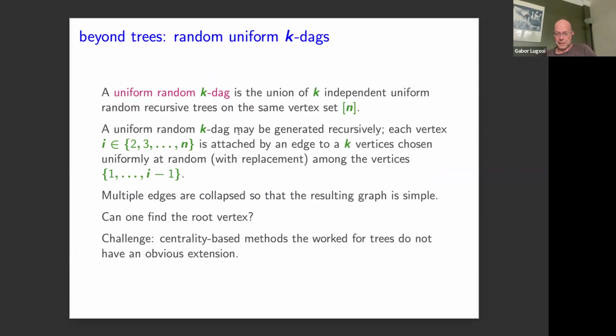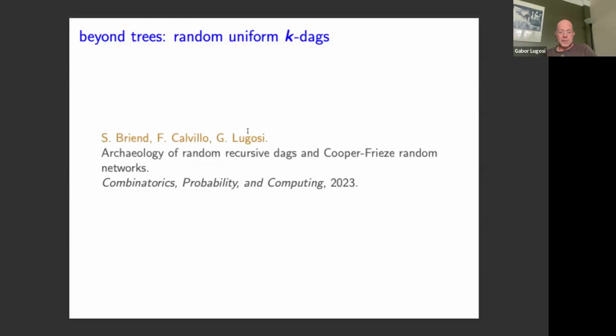At least we haven't been able to get something meaningful. So we have this paper on these types of models. We call them random recursive dags, and there's another extension of the Albert-Barabási model by Cooper and Frieze that works very similarly in the same kind of framework.